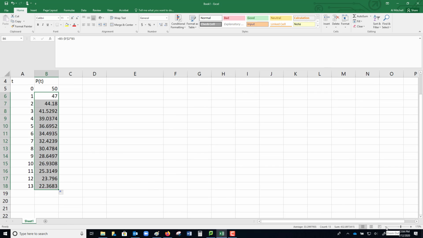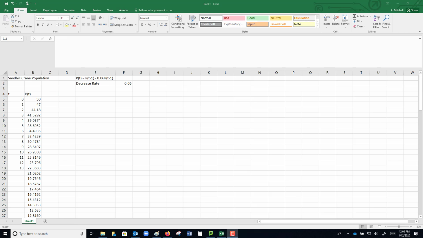Why I'm doing it this way is, first, before the stocking, we can predict: if the population keeps decreasing at 6% per year, when will the population decrease to nothing or become extinct? So I dragged the population equation down for a long time just to see what we get.